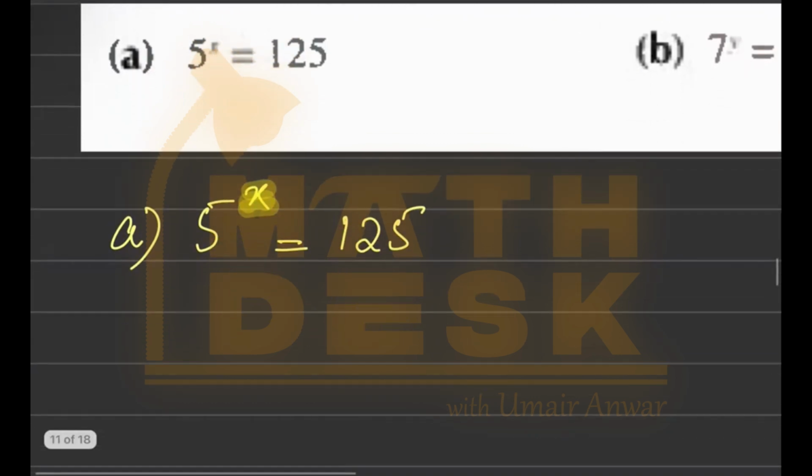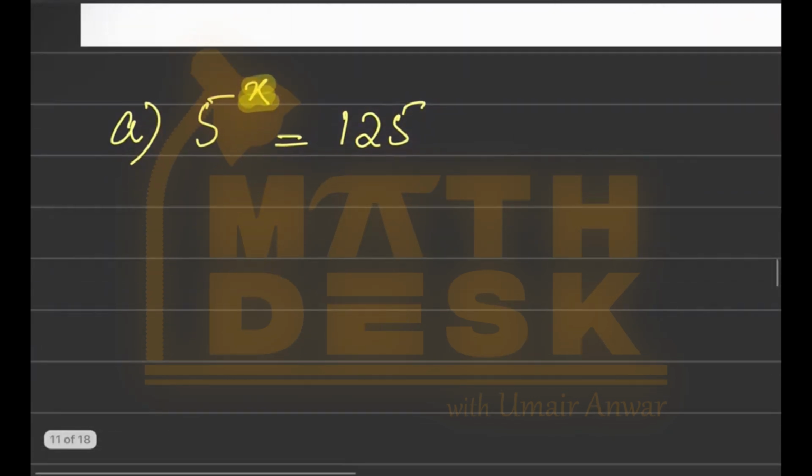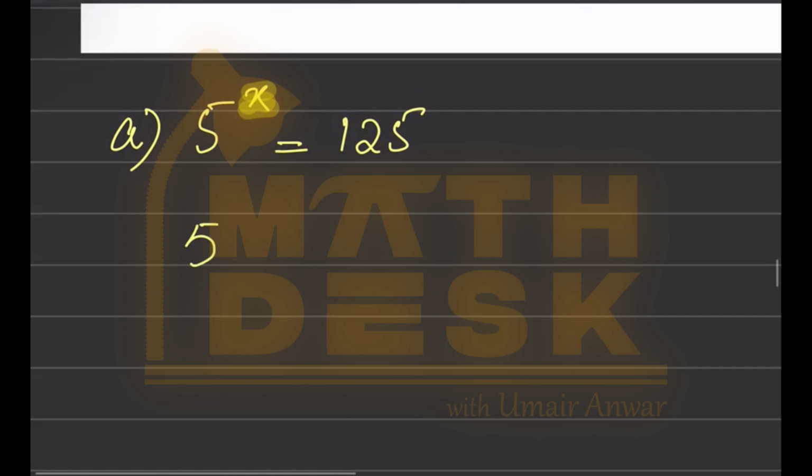And to do that, we will be using the laws of indices. First of all, this 125 should be changed into some base of 5. As we know that it is equal to 5 cube, 125 would be written as 5 cube.